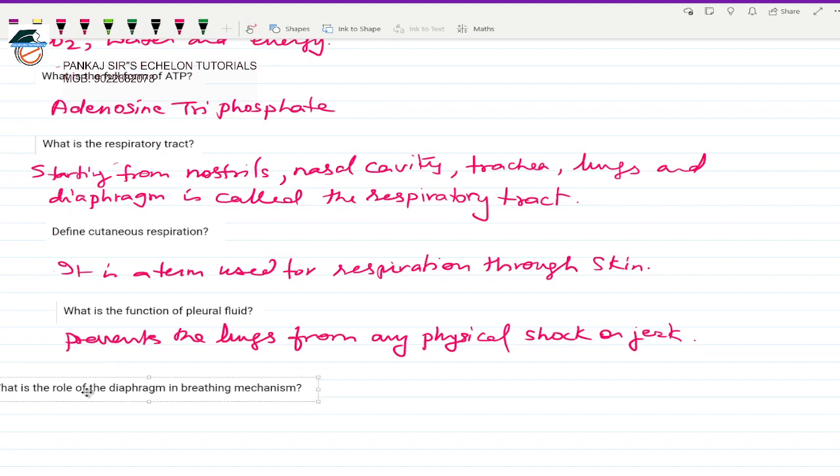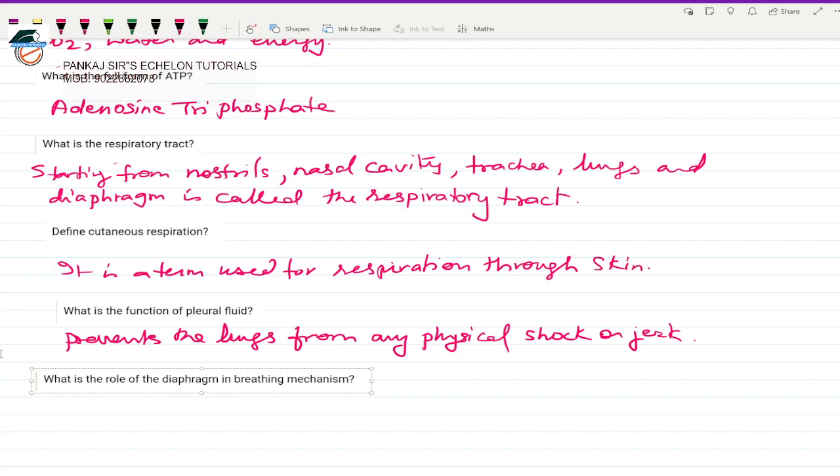And this is the last question: what is the role of the diaphragm in breathing mechanism?